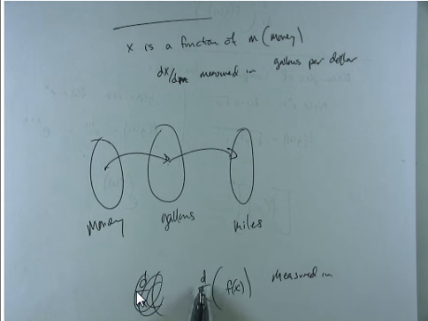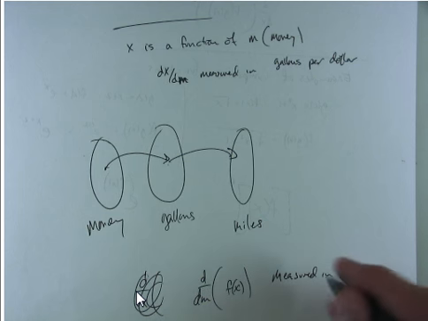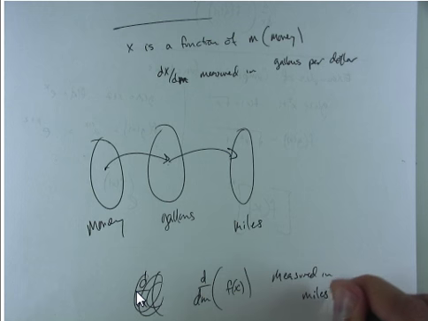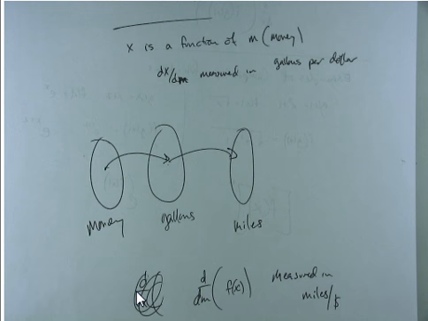So the derivative with respect to m of f of x, what's that telling me, and what's it measured in? It's going to be measured in miles per dollar. It's telling me how the miles you're traveling change as the amount of money you put into your tank changes, at an instant.